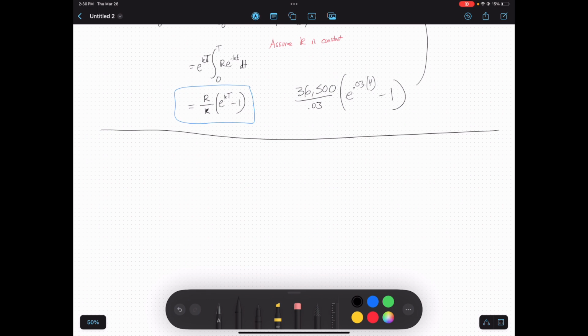Let's look at an example from your homework. So let's say we've got some kindly grandparents who want to set up a fund, some sort of trust fund for their new grandchild that was just born.